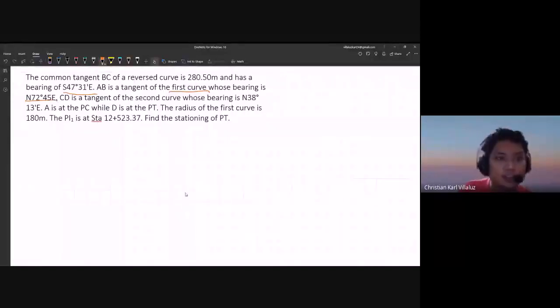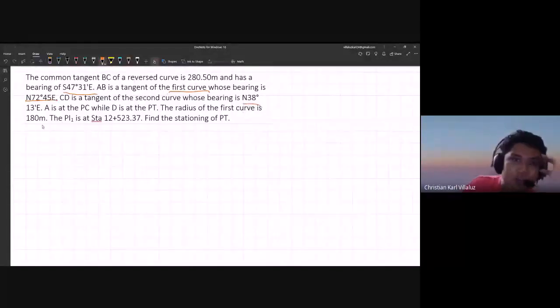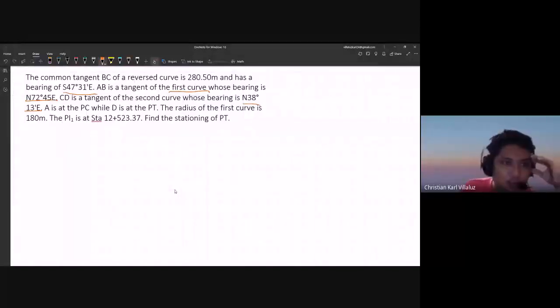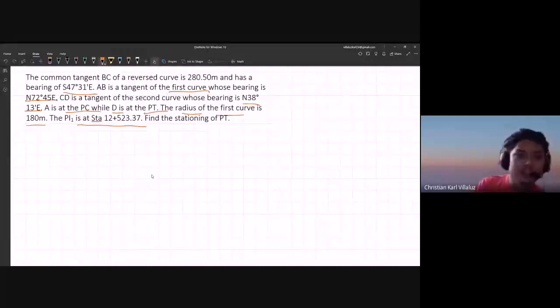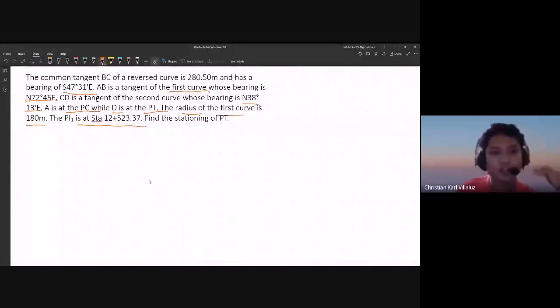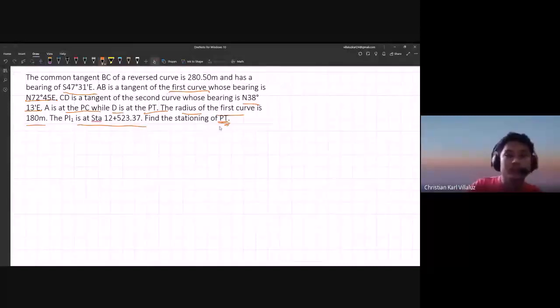CD is the tangent of the second curve whose bearing is north 38 degrees and 13 minutes east. A is at the PC while D is at the PT. The radius of the first curve is 180 meters, and the point of intersection of the first curve is at a station of 12 plus 523.37. Find the stationing of PT.